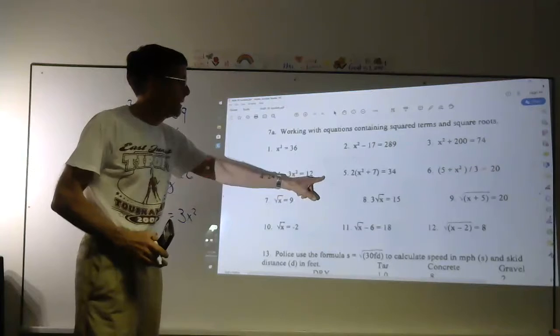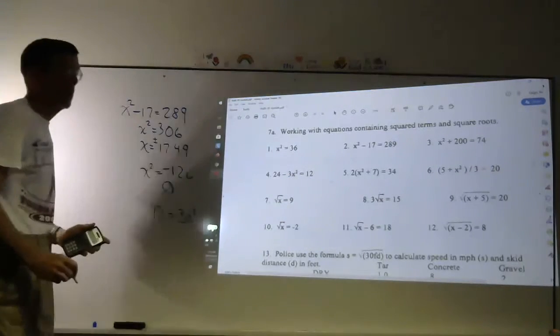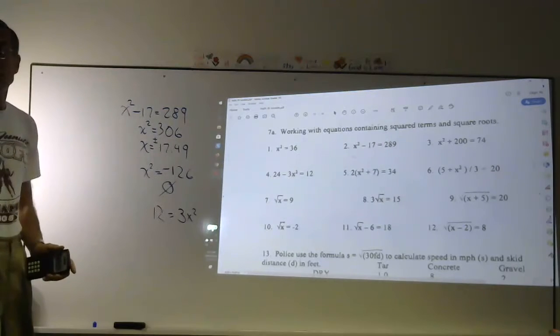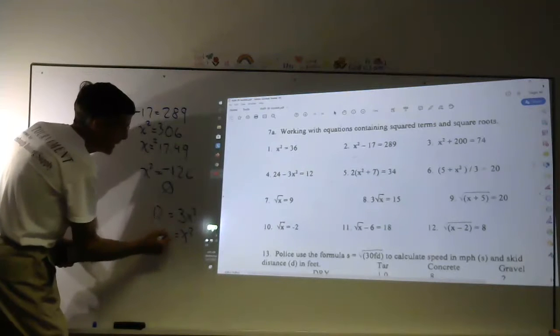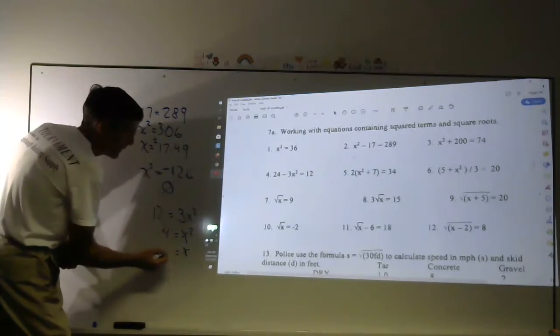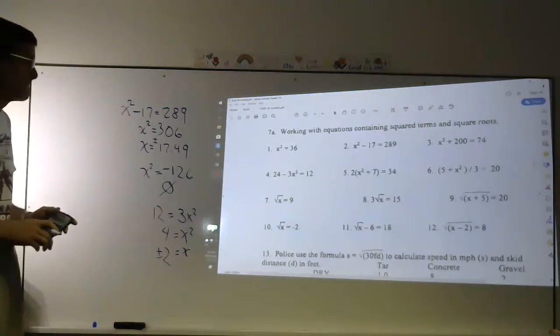So I'm going to add the 3x squared over here and subtract 12, and I get 12. Now you have no negative signs to worry about. So divide both sides by 3, and I get x squared is 4. So x could be plus or minus 2. Correct?